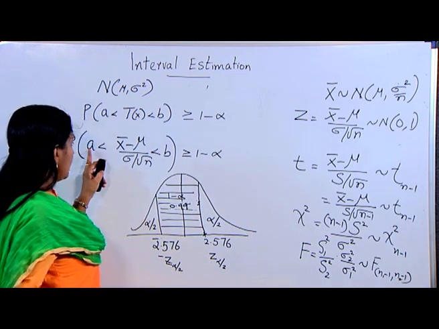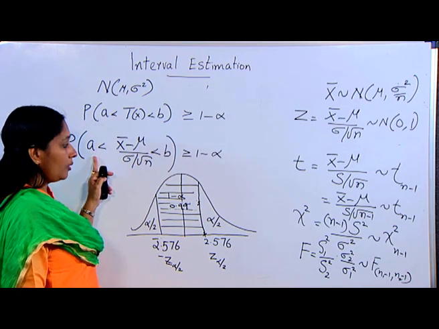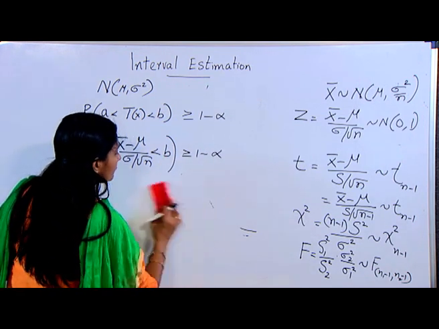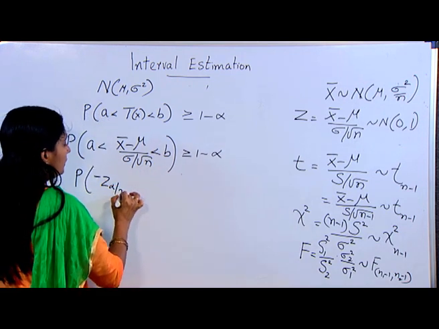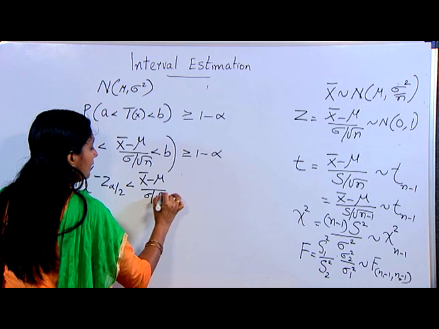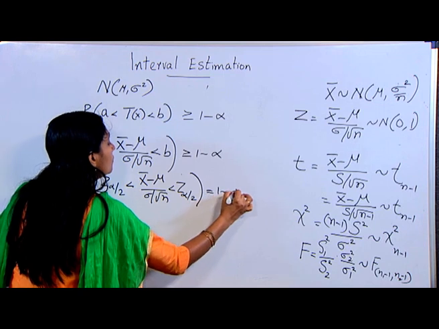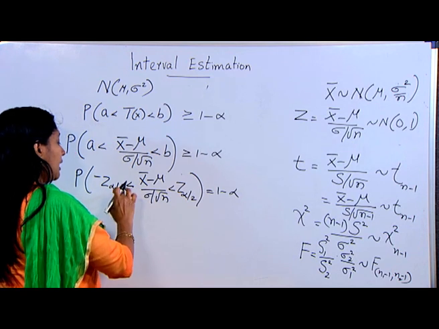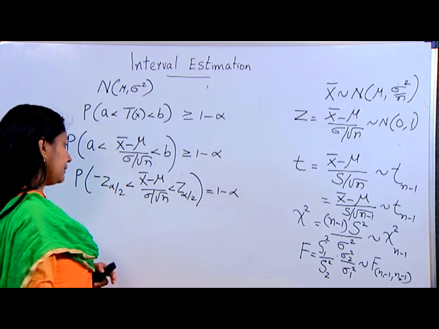Hence, we get the probability of minus Z alpha by 2 less than (X bar minus mu) by (sigma by root n) less than Z alpha by 2 is equal to 1 minus alpha, because the area between minus Z alpha by 2 and Z alpha by 2 is equal to 1 minus alpha.